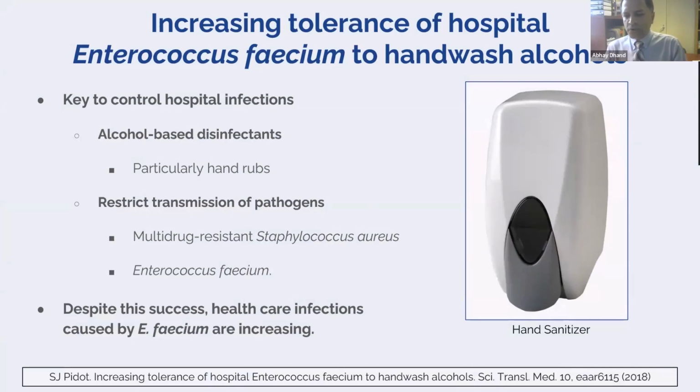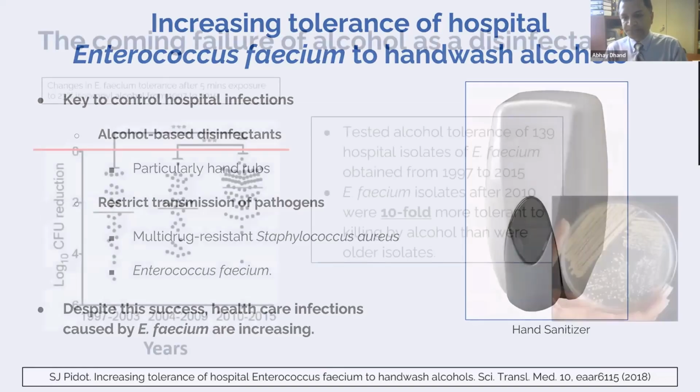What we worry about are two main organisms based on CDC, the gram-positive organisms: methicillin-resistant Staph aureus, and Enterococcus faecium, which is developing vancomycin resistance and is known as VRE. Despite all the current practices, we are noticing in our hospital that vancomycin-resistant E. faecium is actually increasing. Is there a role for tolerance to alcohol, which might be associated with this increase in E. faecium? Next slide, please.